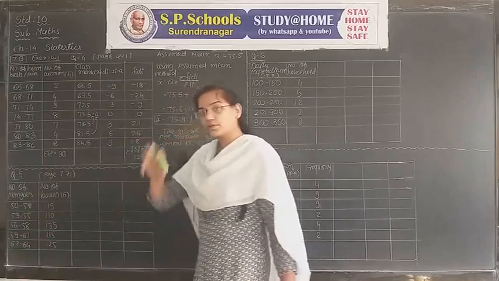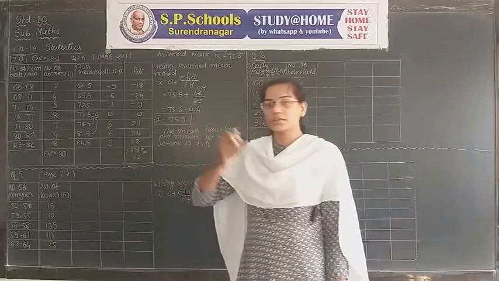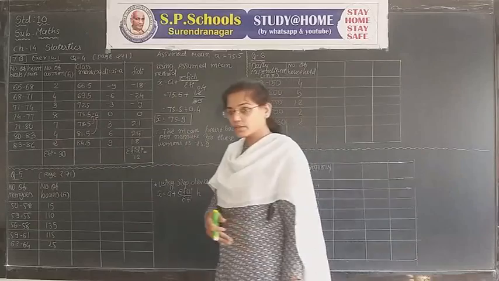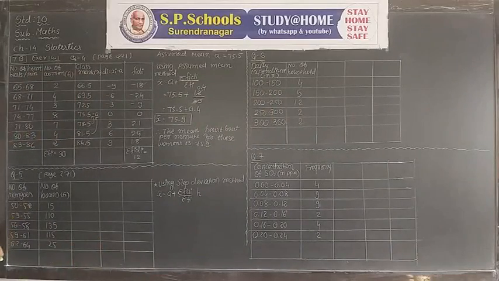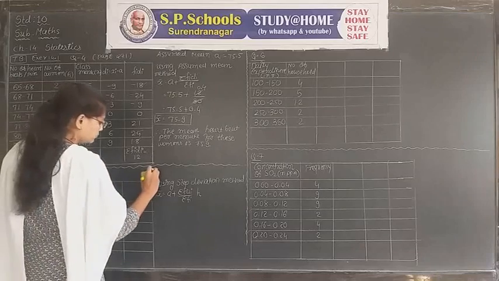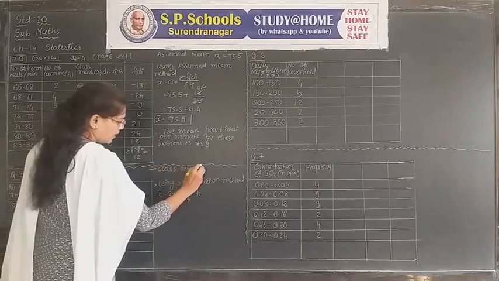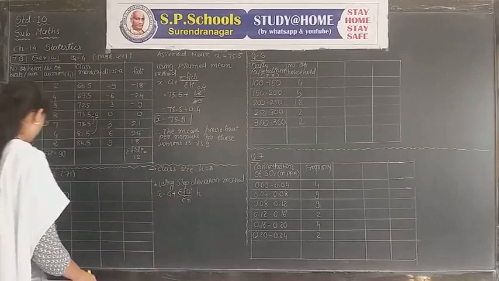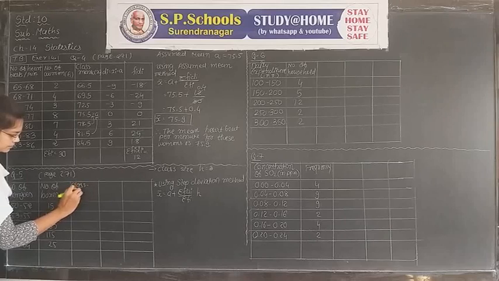You can also convert a discontinuous frequency distribution into a continuous one, then find the class size h. Right now the class size h is equal to 3. The third column is for the class mark xi.